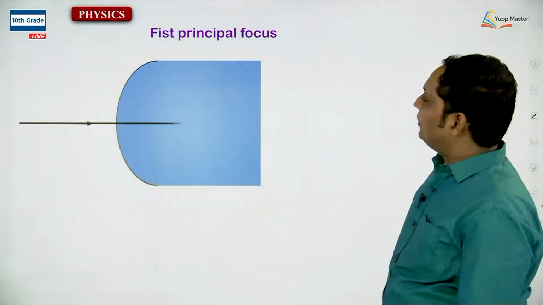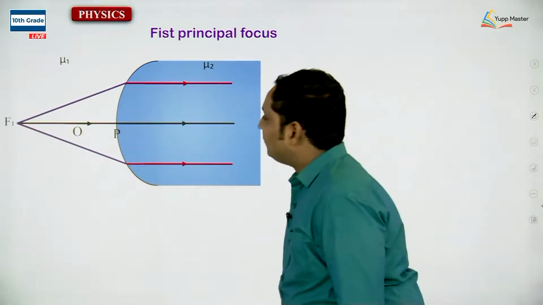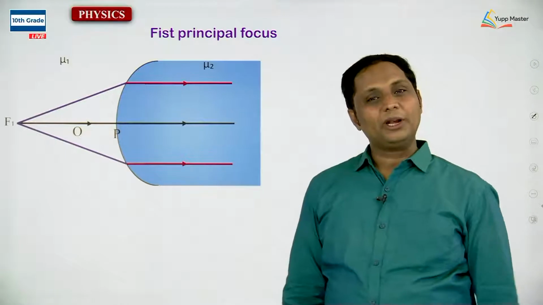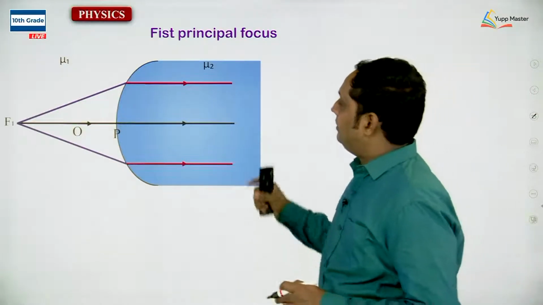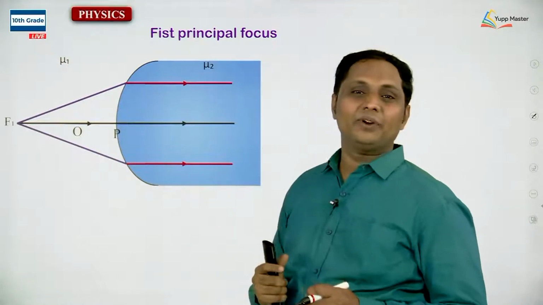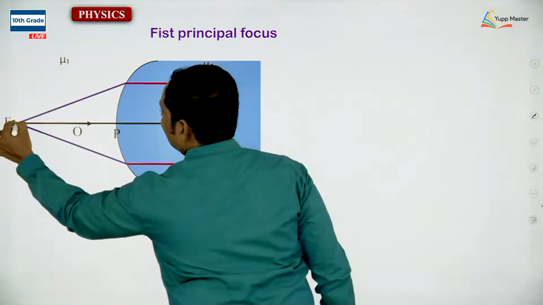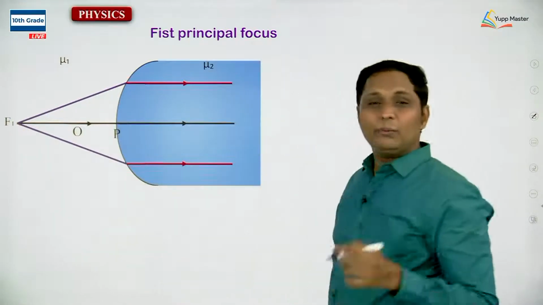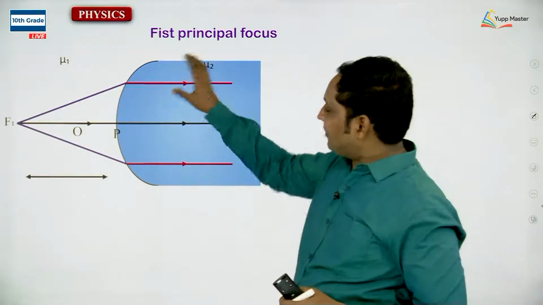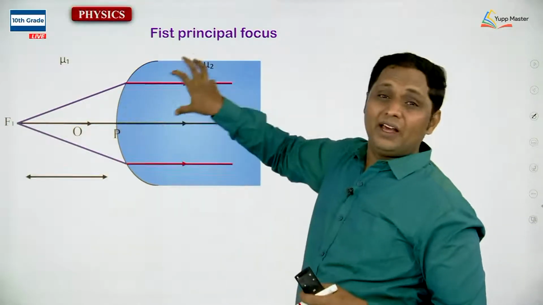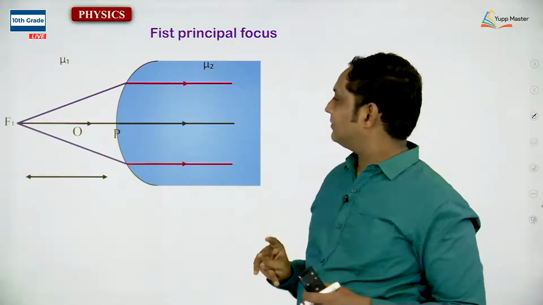Yeah, so F1 is the first principal focus in case of a convex refracting surface. Do you know, the light rays are going to originate from the point. The light rays originate from a point and they are all going to be parallel after the refraction. Yes.